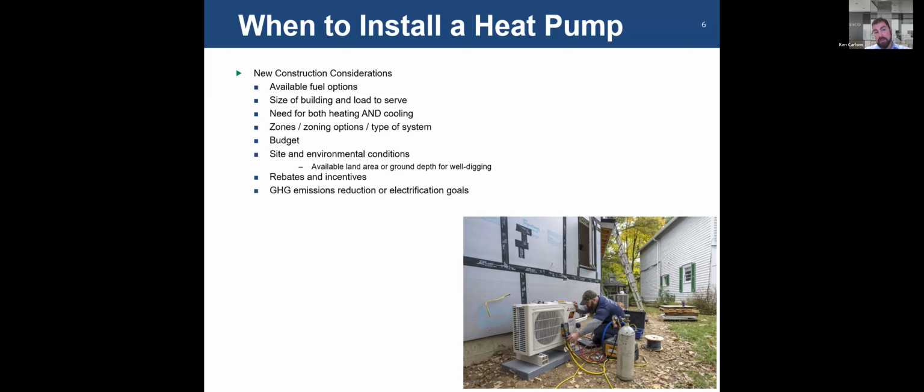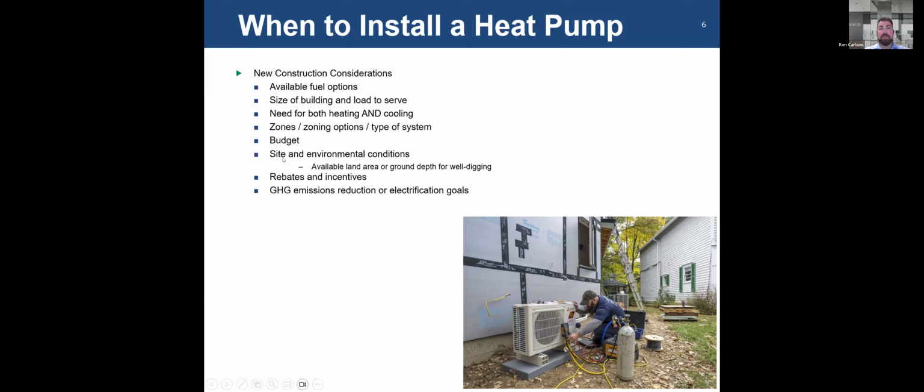So you could also evaluate the size of the building, the need for both heating and cooling. If you need both heating and cooling, a heat pump is a viable option for that. It does provide both. You have different zoning options with heat pumps, as you do with other systems for that matter, but with heat pumps there are many options and types out there. Budget constraints also play a part.